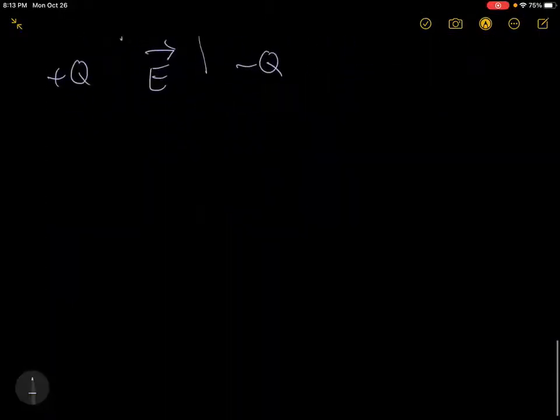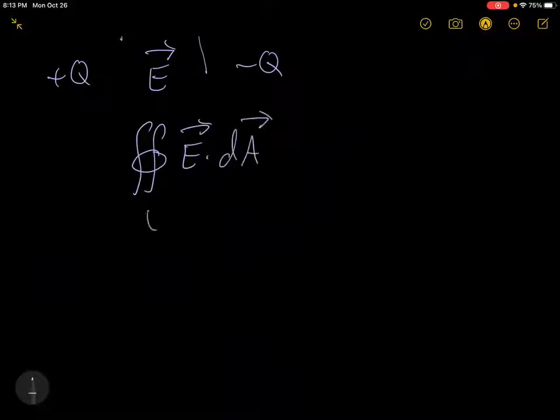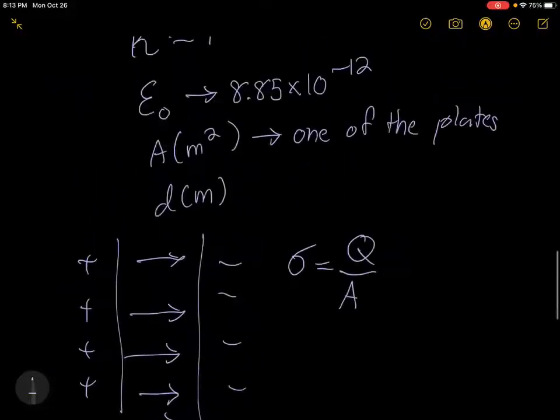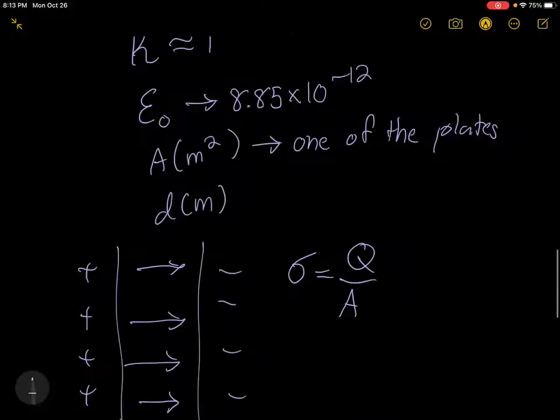And we can do that using Gauss's law of electricity, which basically states that the electric flux over a closed surface, so this is the formula for that, is equal to the charge enclosed in that surface over the constant epsilon naught, the permittivity of free space. I mentioned it earlier up here.